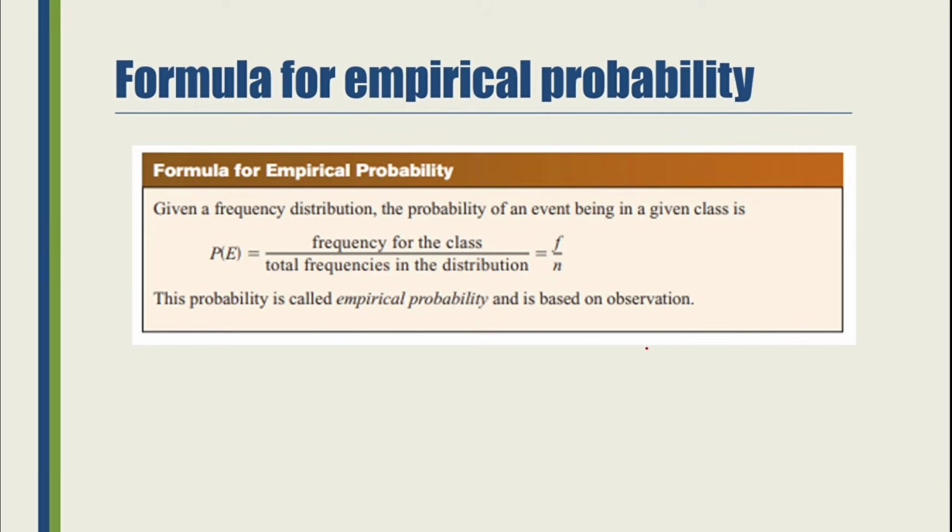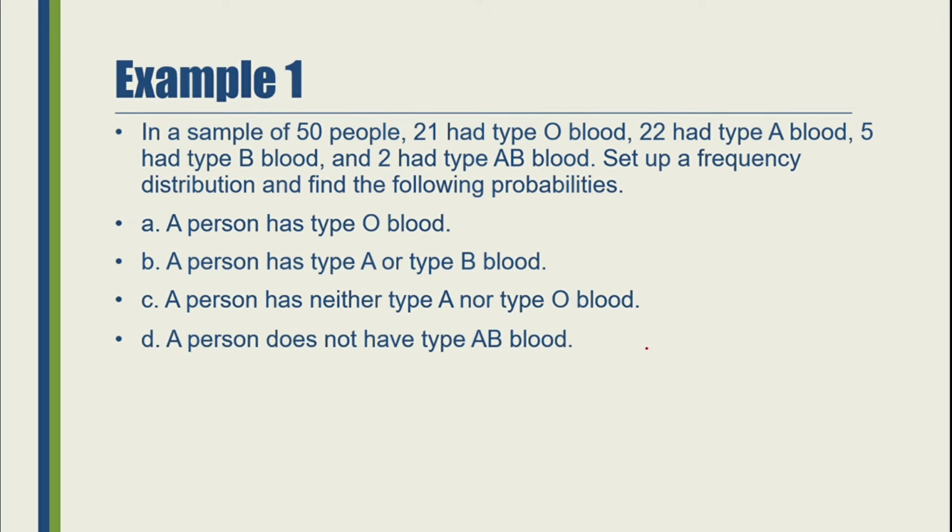Okay, so we have example number 1: in a sample of 50 people, 21 had type O blood, 22 had type A blood, 5 had type B blood, and 2 had type AB blood. Set up a frequency distribution and find the following probabilities.